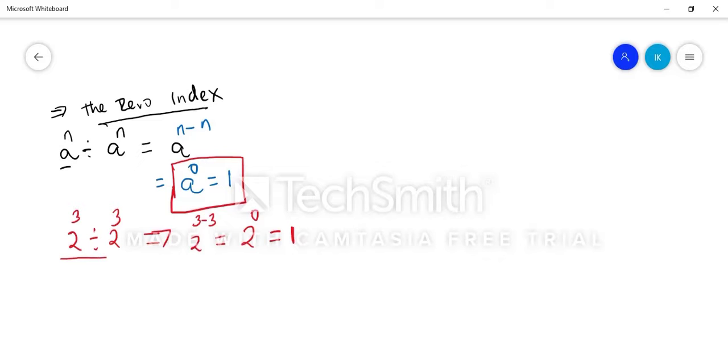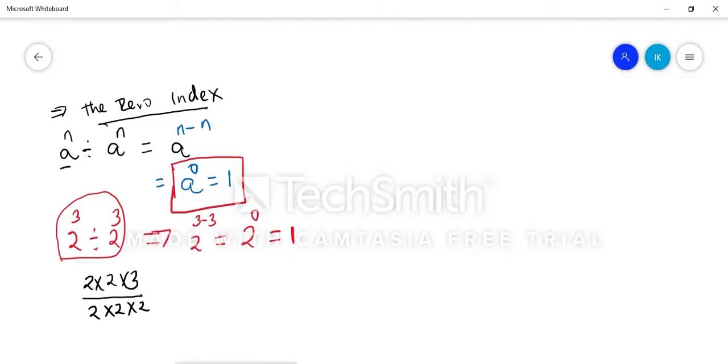So conditionally, when you're given something like this, you can divide manually by saying 2 to the power of 3 is the same as 2 times 2 times 2 divided by 2 to the power of 3, which is also the same as 2 times 2 times 2.